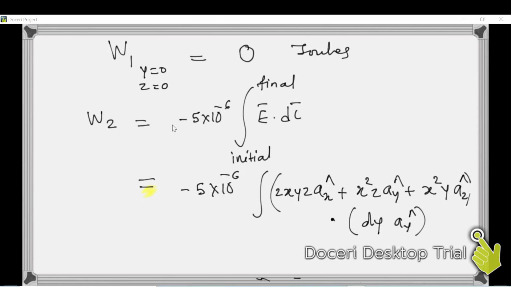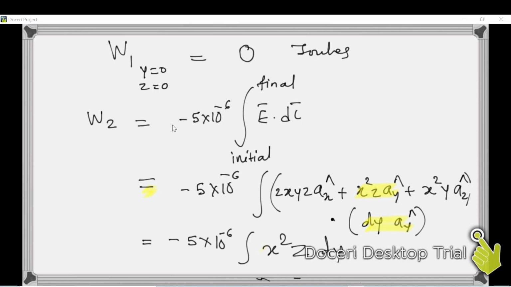So if you take the dot product of E bar and dl bar, we will get only the ay multiplication. So 10 raised to minus 6, x square. If you multiply ay and ay, then we'll get x square into z into dy.